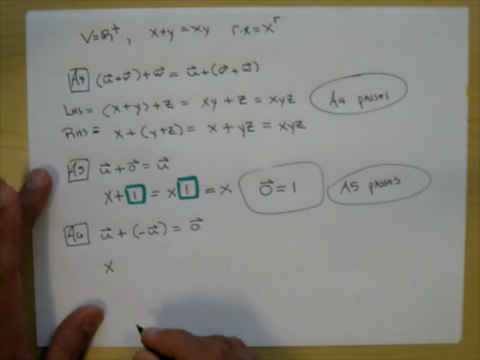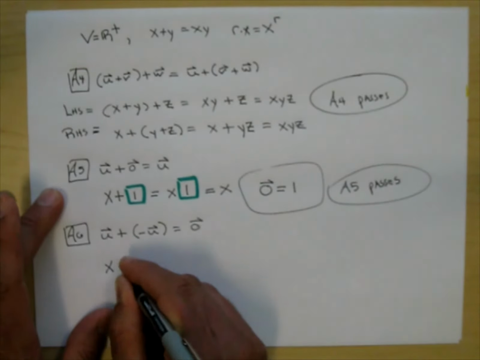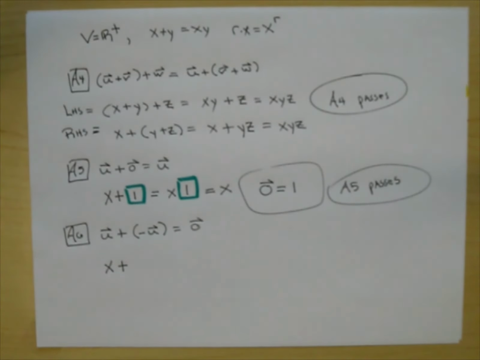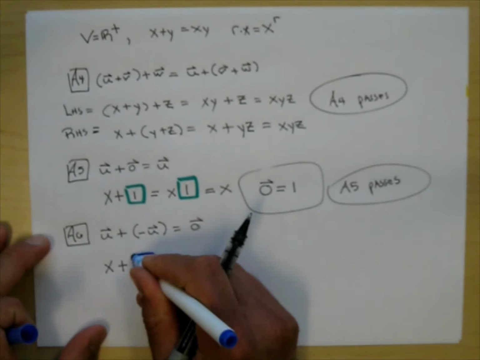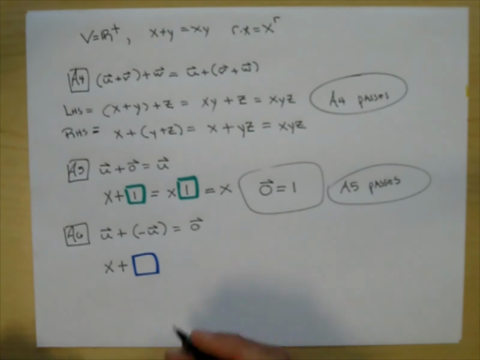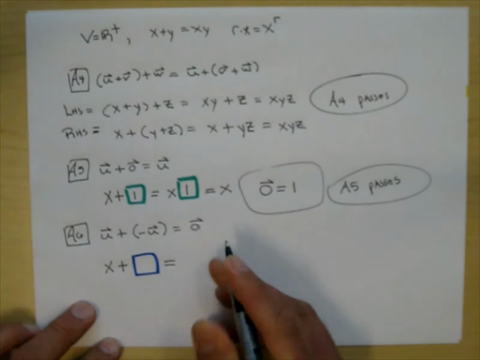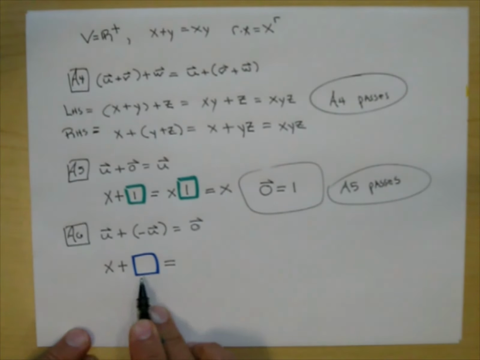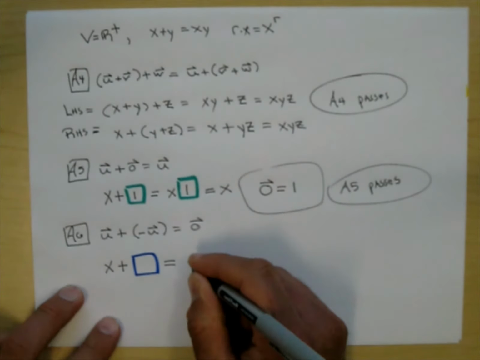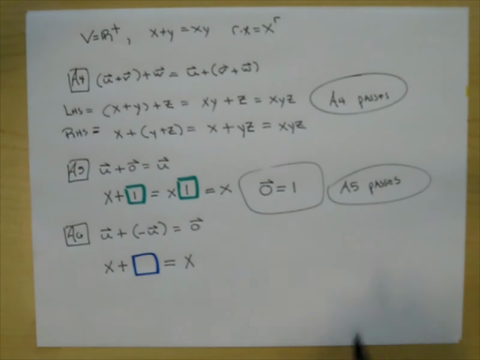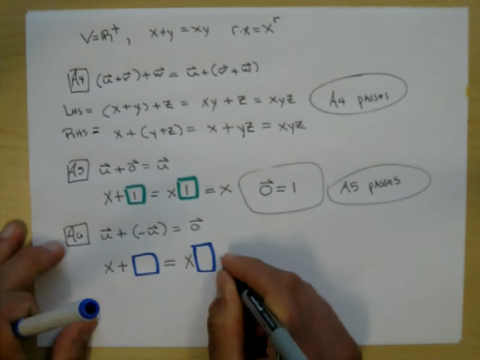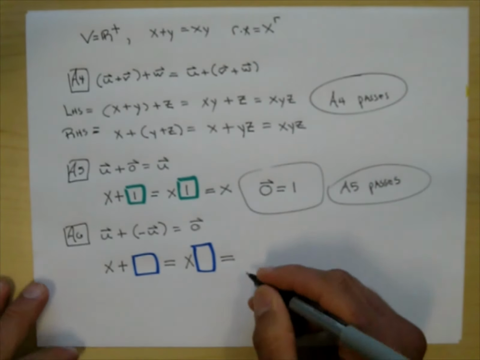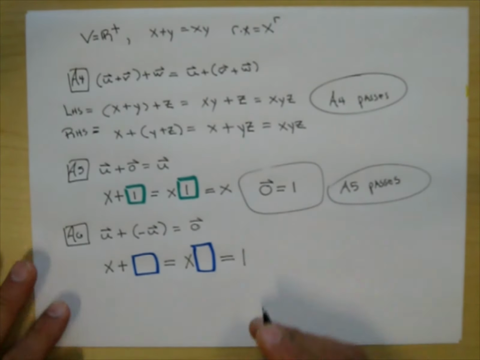Is there something that you can add, and we'll do a different color for this, to any positive real number, and you end up getting the zero vector? So really this is funky addition, which means is there something that you can multiply, and it gives you the zero vector, which I'm just going to write as 1.